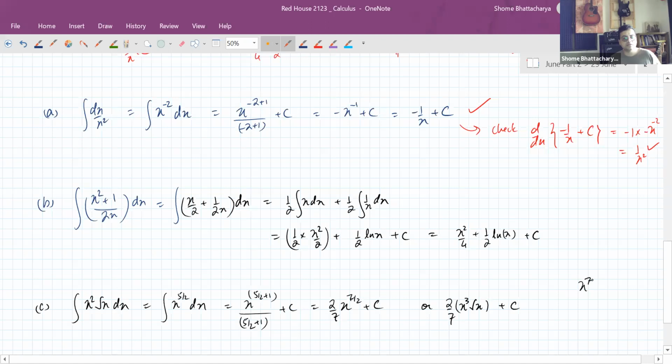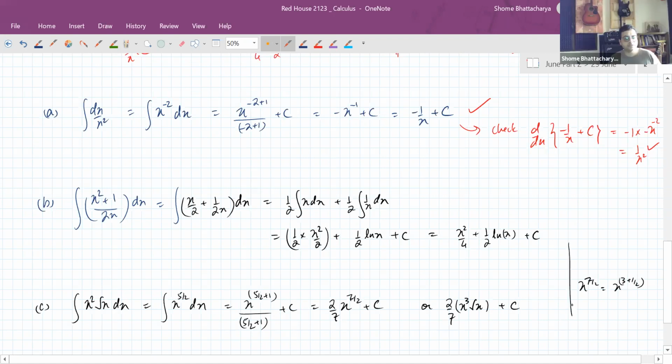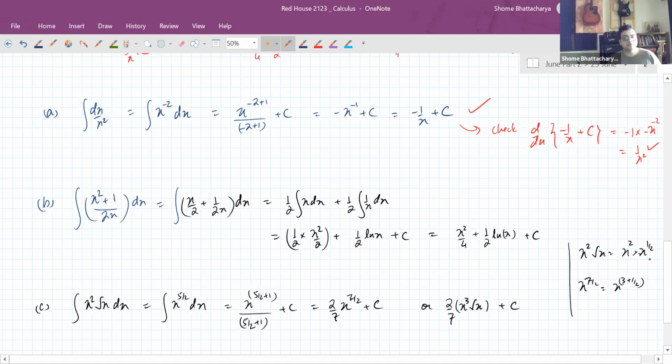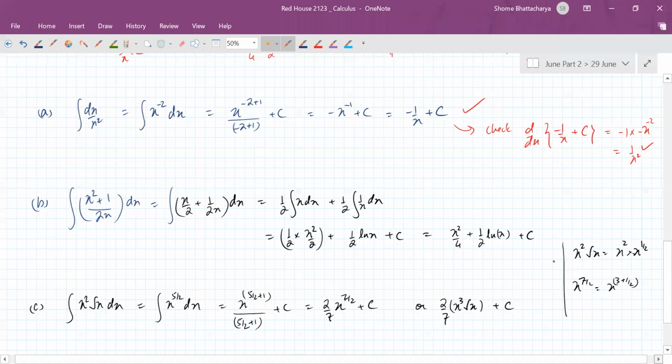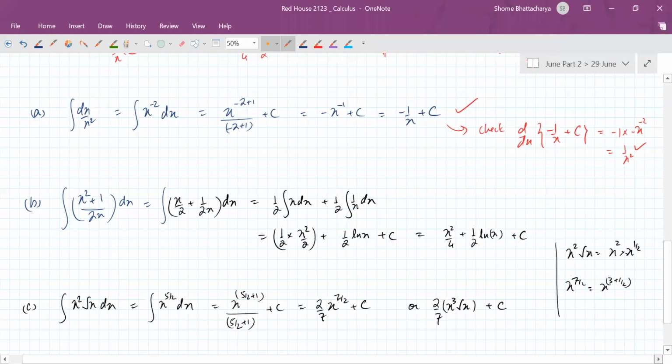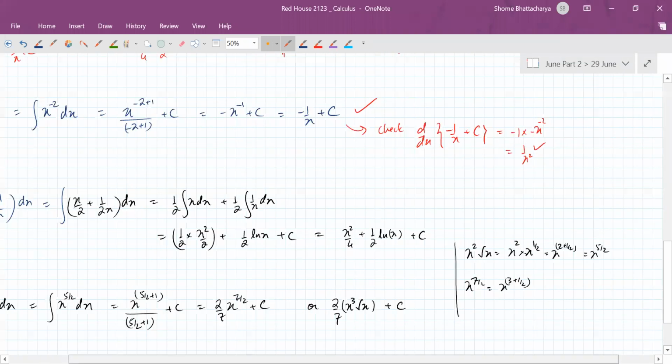Sir, x square root x will be x raised to 3 by 2, right? No, x square into root x is x to the power 2 into x to the power half, no? So 2 plus half is 5 by 2. Got it? Yes, sir. Sir, in the bracket it should be x raised to 5 by 2, right?